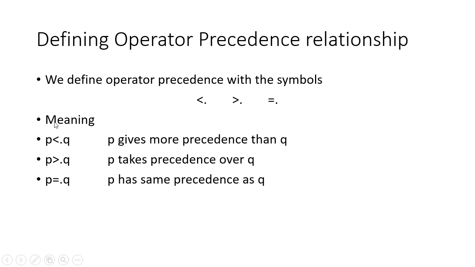In that case we can say that the division has more precedence than the addition. Generally if you have a plus and a plus, they are at the same level. So generally we say plus has equal precedence to plus or minus. Minus and plus have the same precedence. If you do a calculation either with a plus first or a minus, the results remain the same.